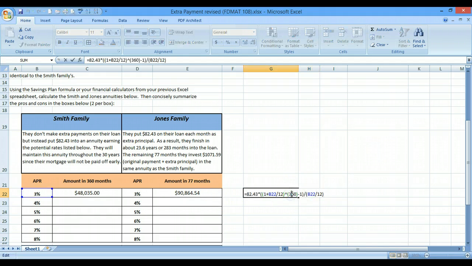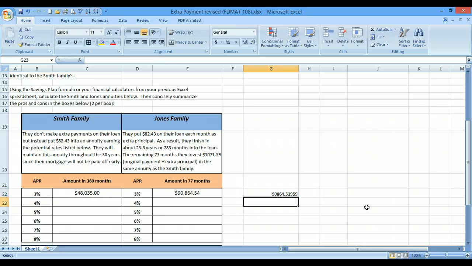We can do this, except their payment is the $82 plus the payments that they were making towards their house, which gives us a total of $1,071.59. And instead of being for the full 30 years, they're only going to be able to invest for 77 months because they took that money previously to pay off their home. And that will match the Jones family.